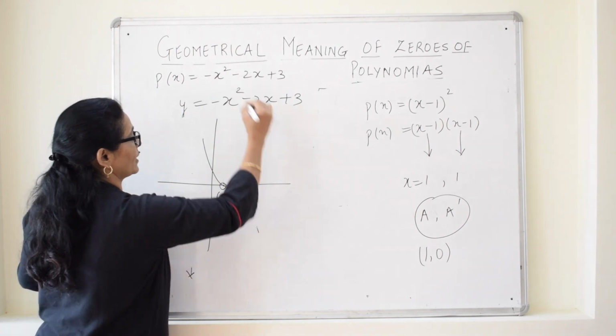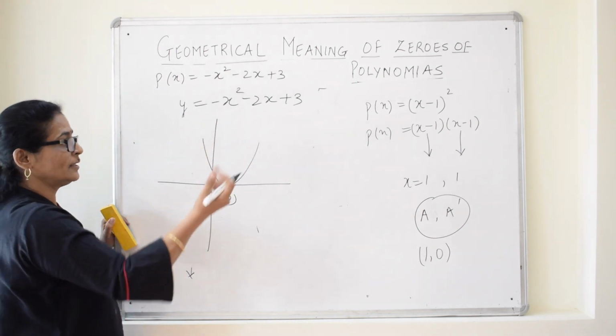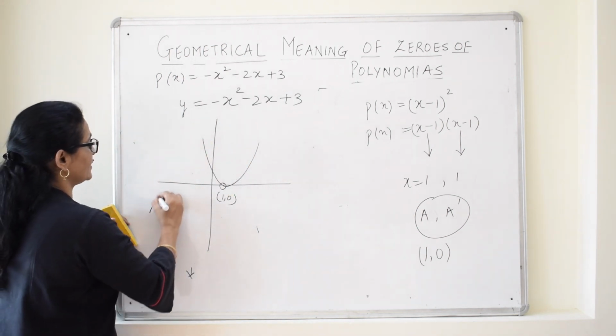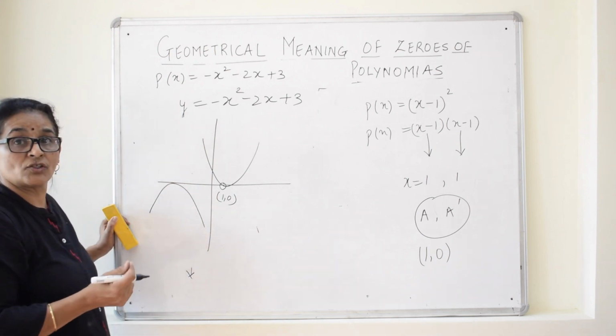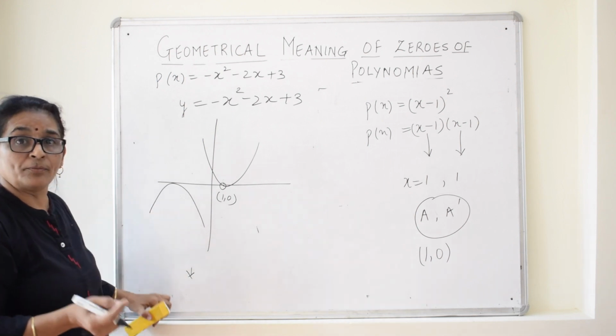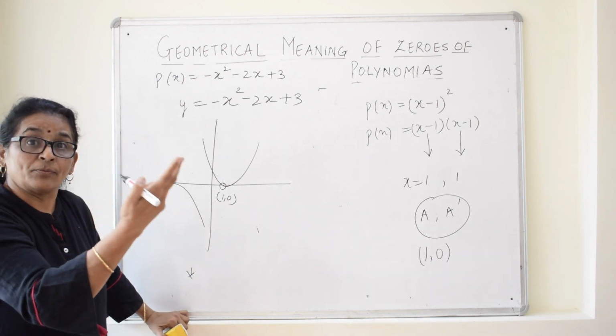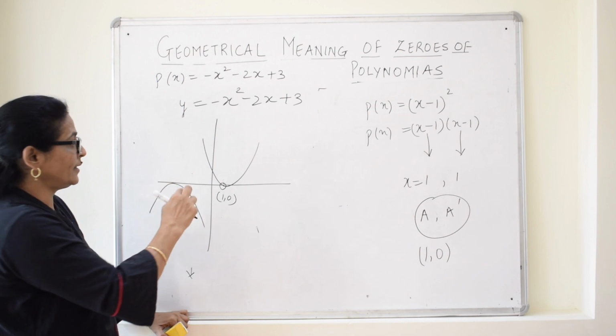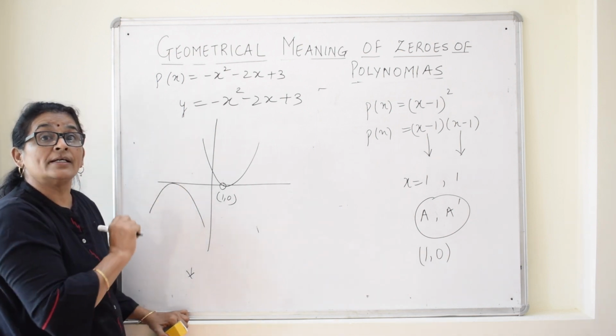So this kind of parabola you are going to get. Similarly, we can get any other parabola which can touch the x-axis at exactly 1 point. So a quadratic polynomial can have at most 2 zeros and minimum 1 real zero.